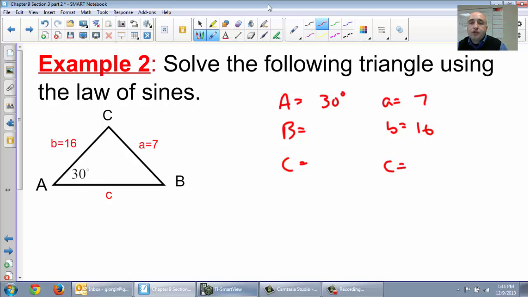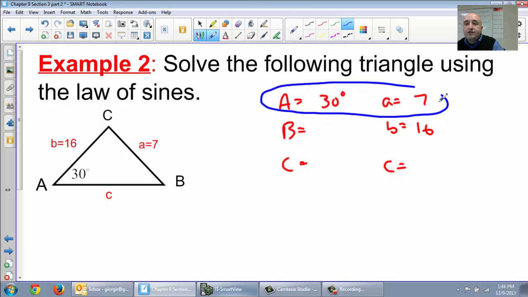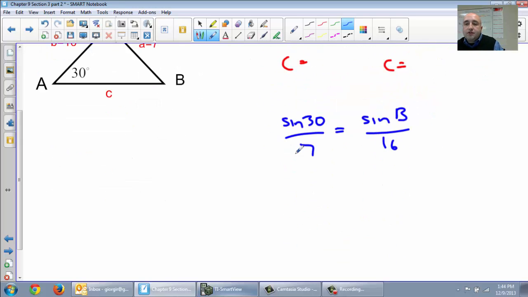Let's set up our first law of sines problem using our a's. Sine of 30 over 7 equals sine of angle B over little b, which is 16. Cross multiply. Sine of 30 times 16 is equal to sine of b times 7.